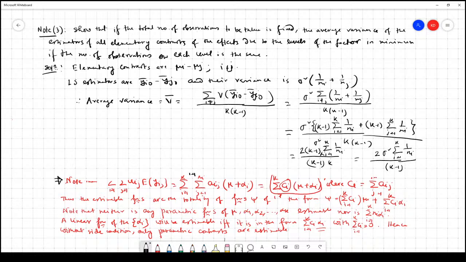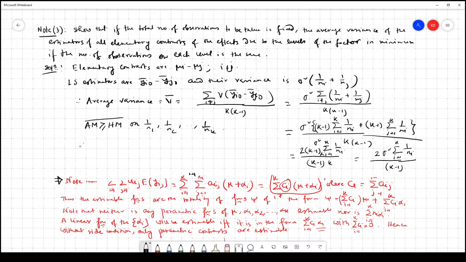And since ni's are positive, so we use arithmetic mean greater than equal to harmonic mean, applying on the values 1 by n1, 1 by n2, 1 by nk.